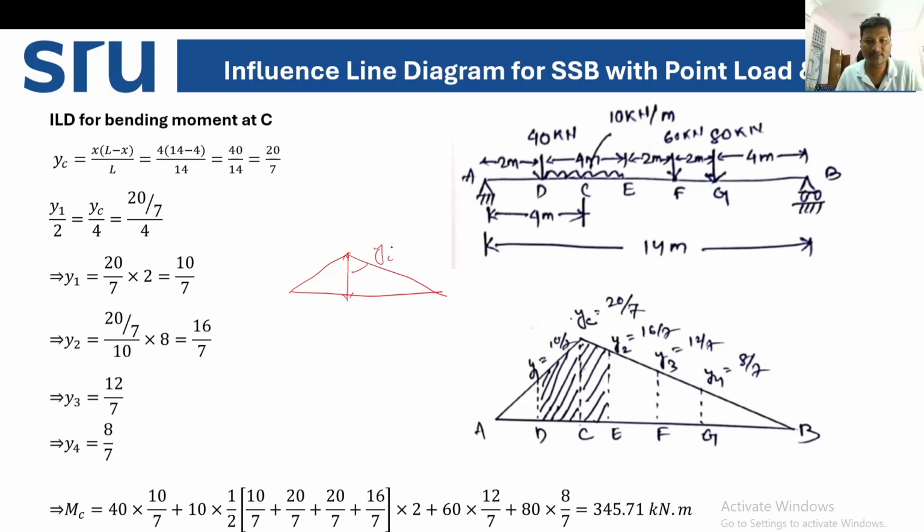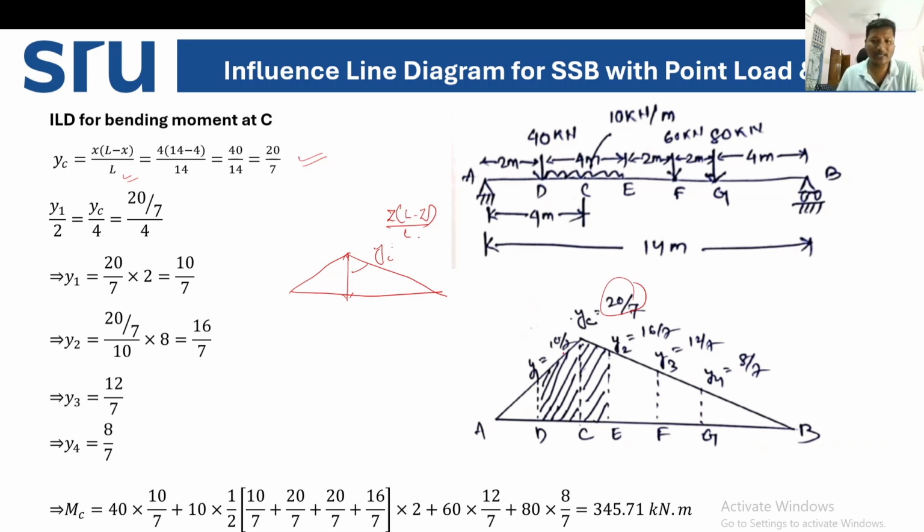YC, we know the formula, X into L minus X by L. By using this formula, put the value of X equal to 4 meter and L is 14 meter. So you get 20 by 7. So YC is 20 by 7.